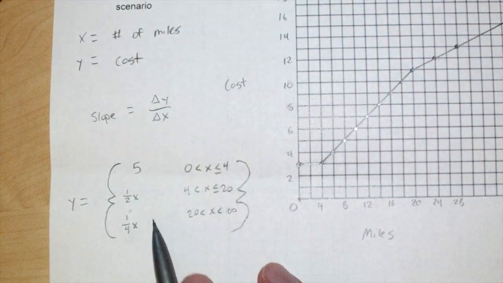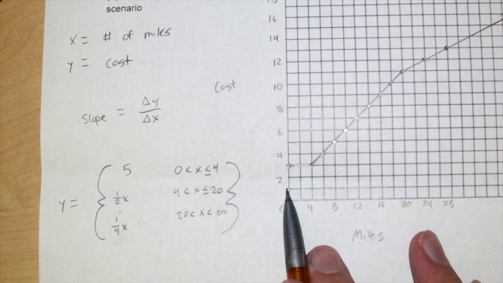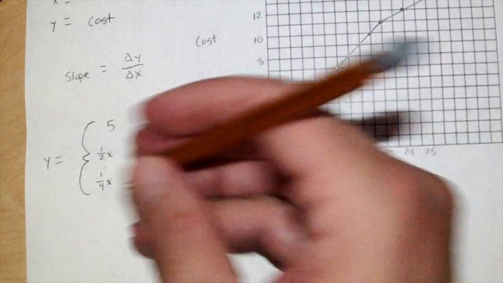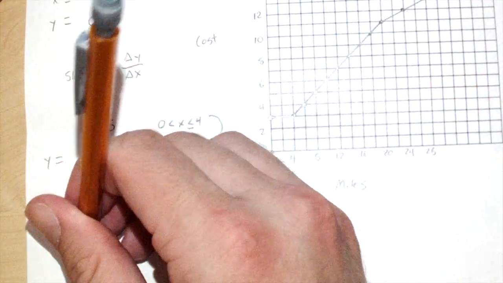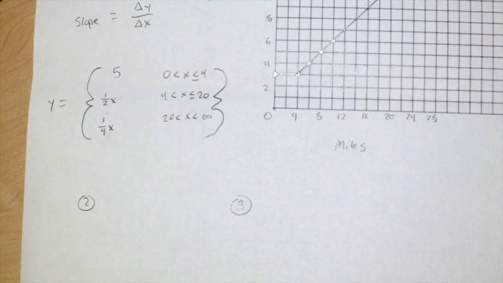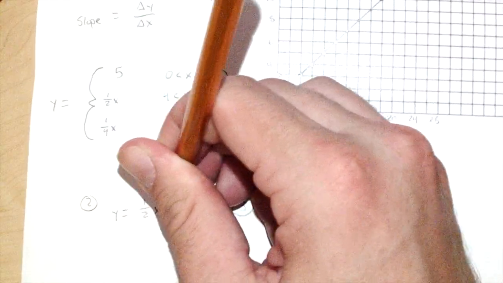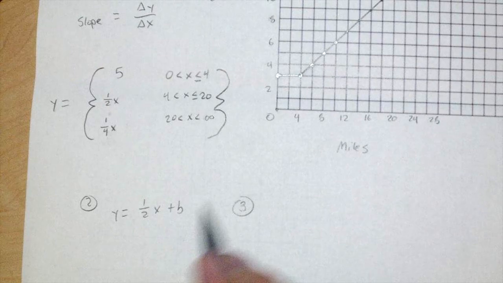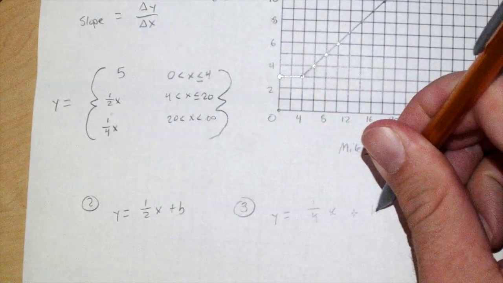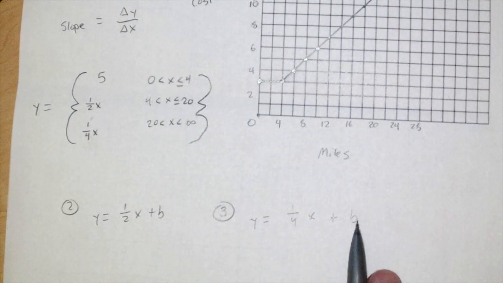But we've got to figure out what the y-intercept is for this line. And in this case, you actually could go this way to figure out that it's going to be 1. But let's use the plug-in point method. Okay, so we have part 2 and part 3. Here we know it's y equals 1/2 x plus b, and we're trying to figure out b. And for part 3, the slope is now 1/4, and we're trying to find b as well.